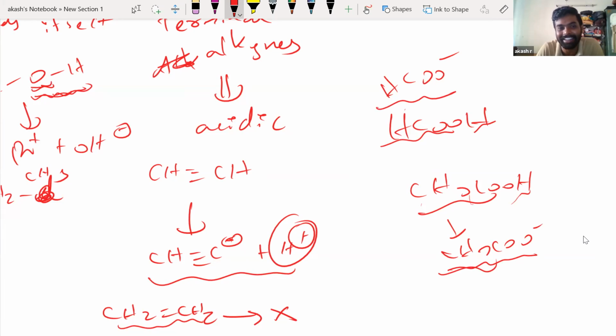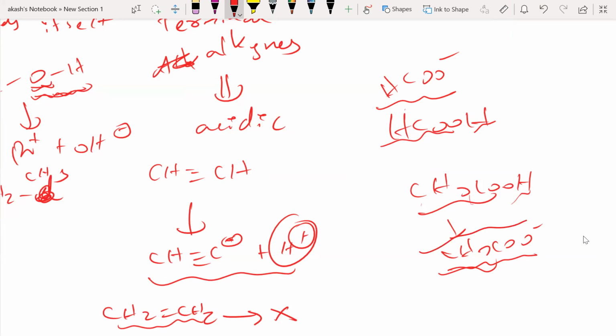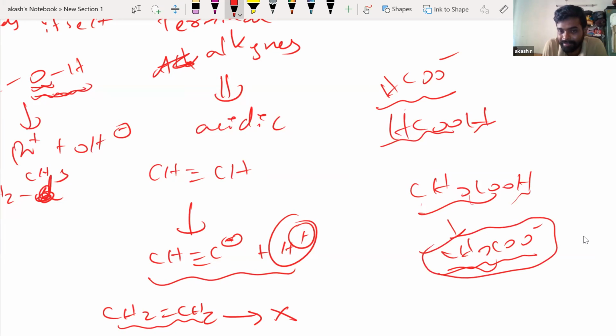Say a little more technically. Talk with respect to an acid. Forget that these are organic compounds. After I removed an H plus, something is remaining. What is it called? Acetate ion. Okay, fine.